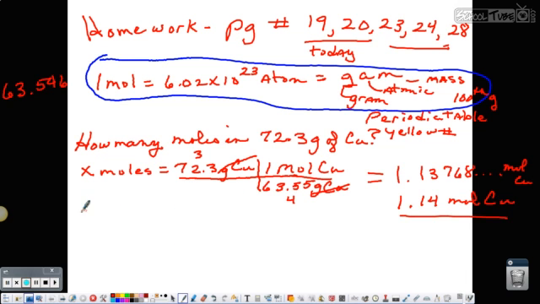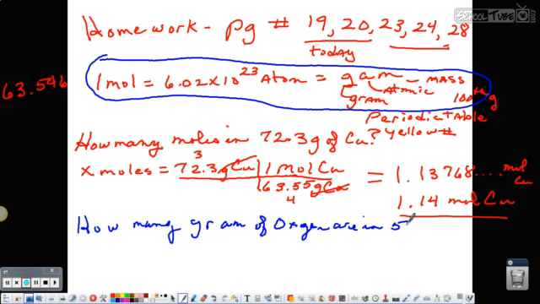Alright, so let's work another one. In this little bit of room I have here, I'll change colors to something else so we can differentiate between them. So now I'm going to say, how many grams of oxygen are in 5.21 moles?